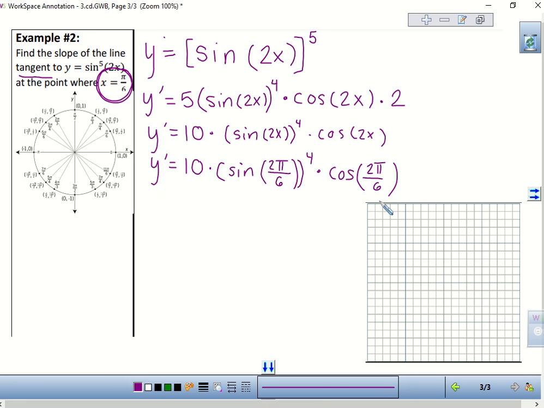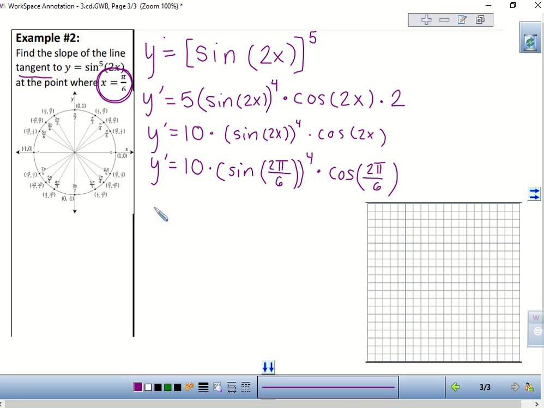What is 2 pi over 6 reduced to? Pi over 3. What's the degree equivalent of pi over 3? 30 degrees? 60. So those are exact values, right, from the unit circle.